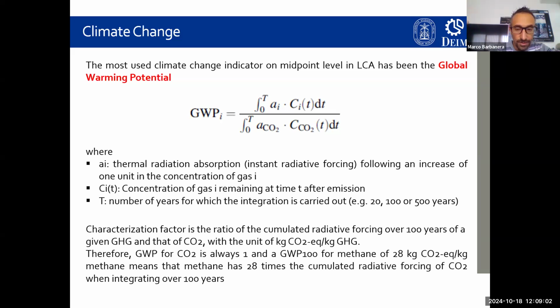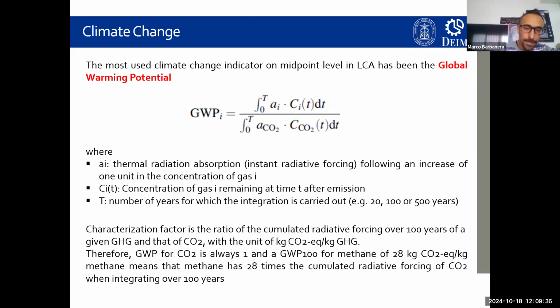Instead, for methane this number is different, 28 kilograms of CO2 equivalent per kilogram of methane. For nitrous oxide, this number is equal to 310, for example, depending on the method. For other methods, we can find, for example, 298 and so on. But this is the idea.